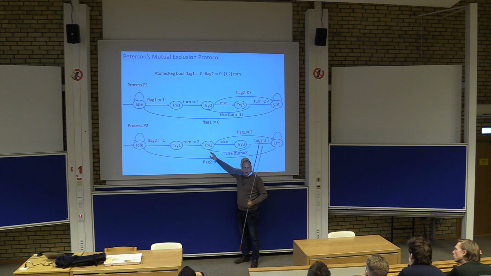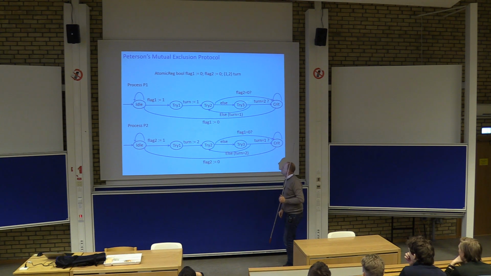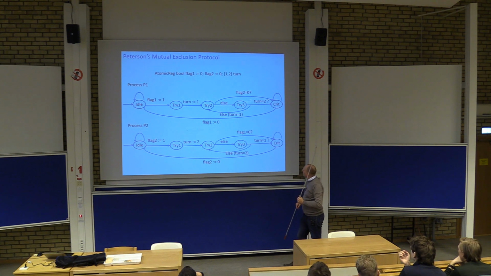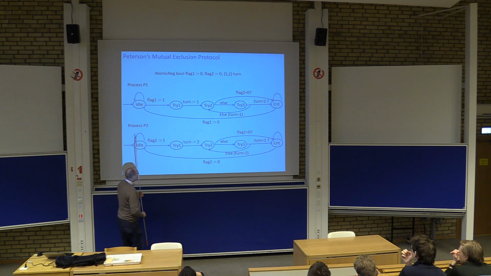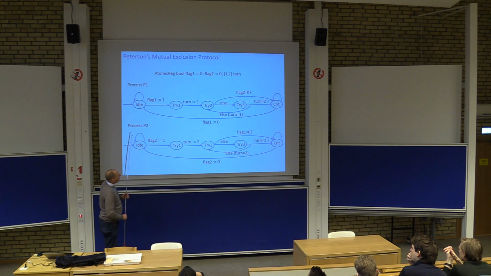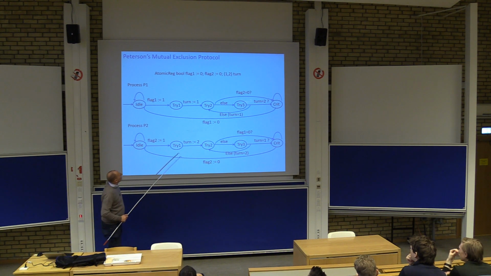So the turn variable will in this case be the identity of the task of the last one to enter this state. Yeah, and this will be used to sort out the situation.